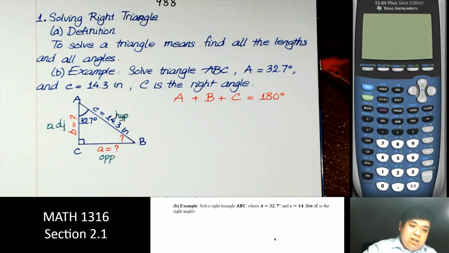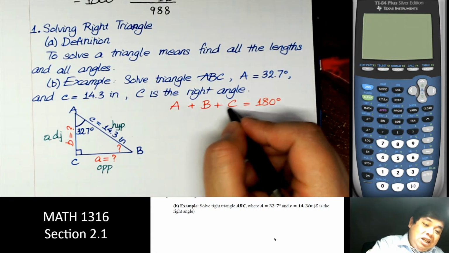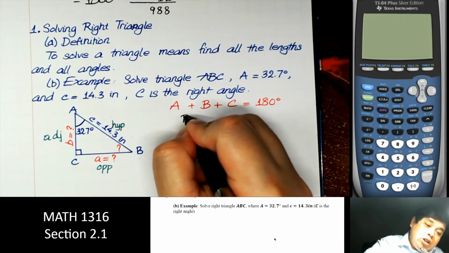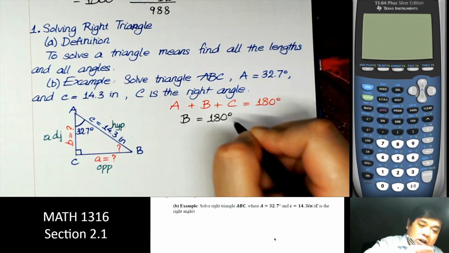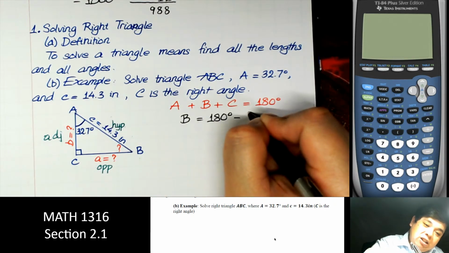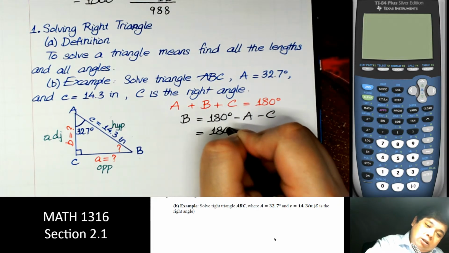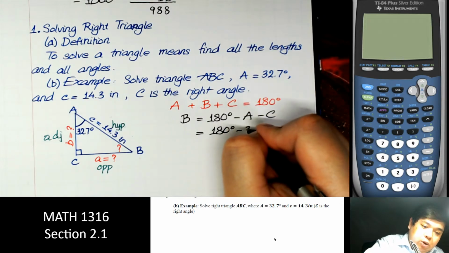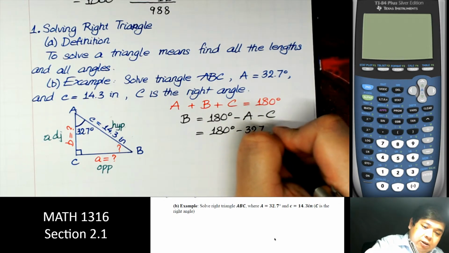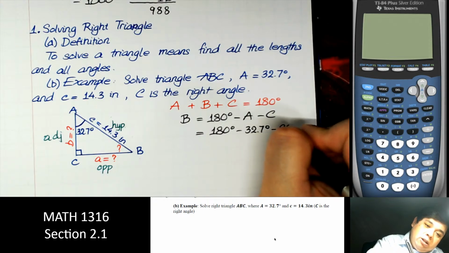So in that case, we know A, 32.7. We know C, 90 degrees. We just don't know B. But it can be subtracted from 180, minus angle A, 32.7, and angle C, 90 degrees.